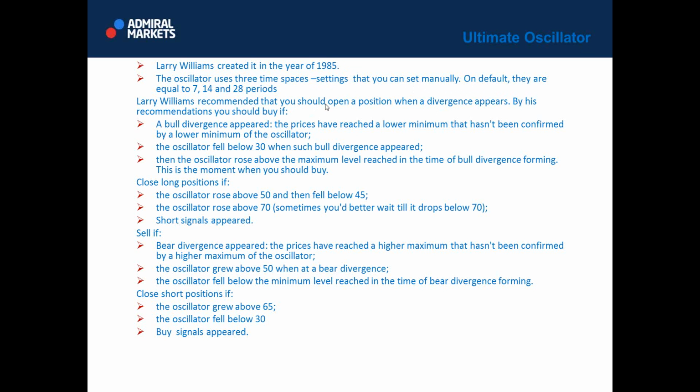Larry Williams recommended that you should open a position when a divergence appears. By his recommendations, you should buy if a bullish divergence appears and the price has reached a lower minimum that hasn't been confirmed by a lower minimum of the oscillator. The same principles as with MACD, the classical divergence rules, apply.